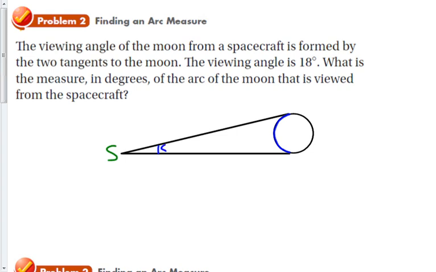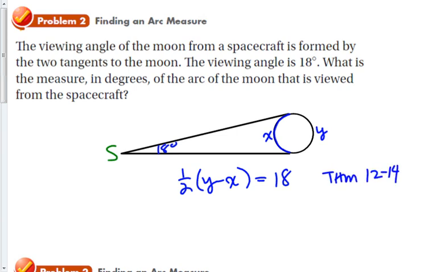Now S is 18 degrees right there. Let's label this arc X and this arc Y. Then 1/2 of Y minus X is going to equal our angle there of 18, according to theorem 12.14. And we also know that Y is equal to 360 minus X, because the two arcs have to add up to 360, the number of degrees in the circle.